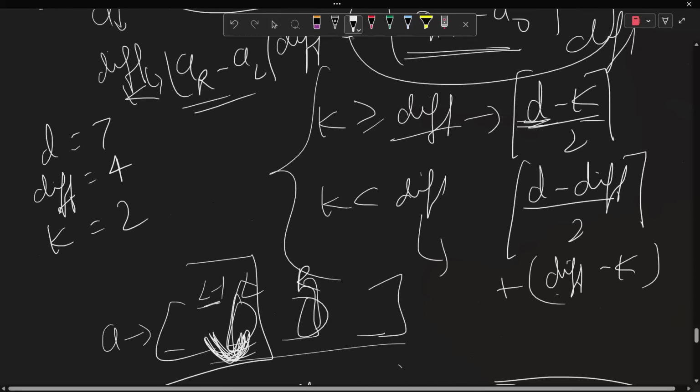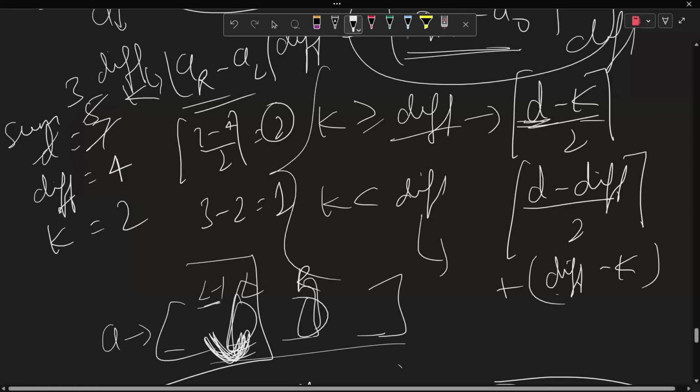D, or in my code sum, is 7, and I need to reduce it to 2. Till 4 I would reduce in steps of 2. Those steps would be 7 minus 4 by 2, ceil of that, so it is 2. In 2 steps I would reduce 7 to 5 and 5 to 3. Then I would need one more step to reduce this 3 to 2.